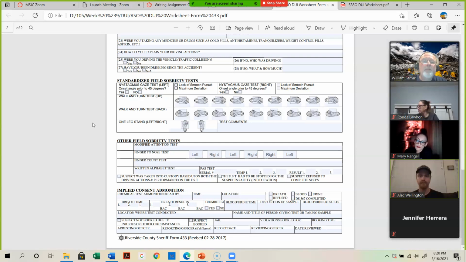Now, they have other tests. Be careful of the test that you choose, because there's a good chance that you may have to actually demonstrate this test in a court trial. And if you can't do it, don't do that test to the person. And maybe you're all smarter than me, but I can't do the alphabet backwards.